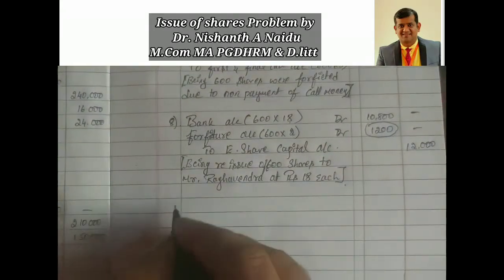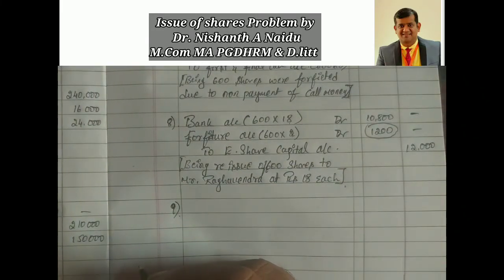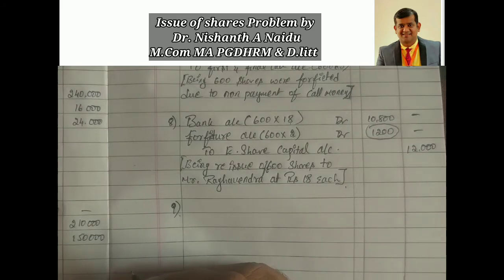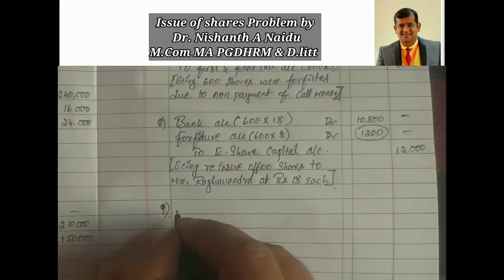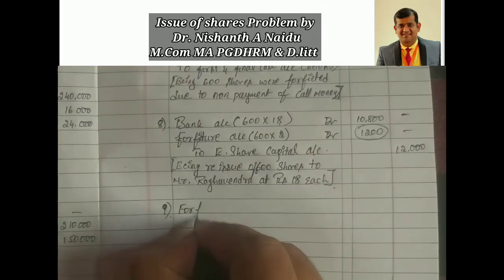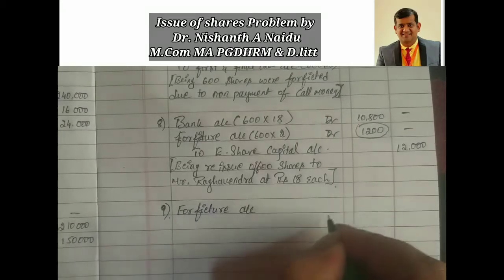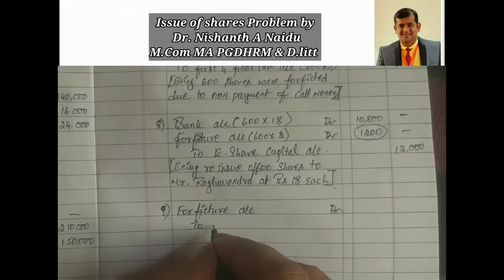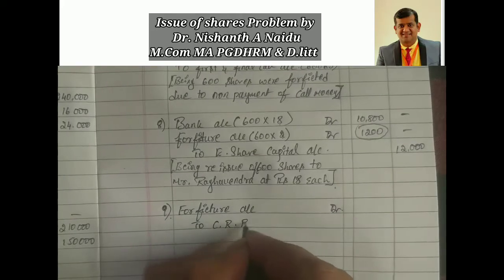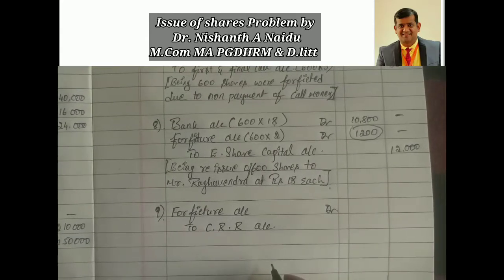So now I am moving towards the 9th entry, which we are going to call the final entry or the last entry. So here write down forfeiture account debtor to CRR account, capital reduction account or capital redemption account.